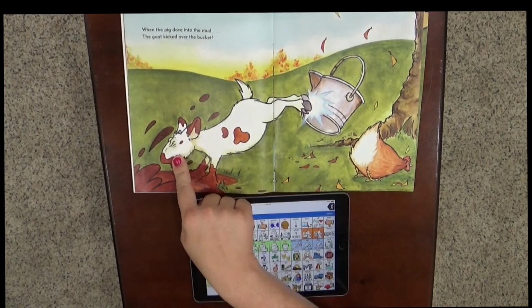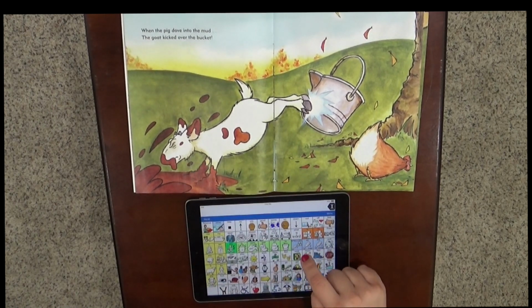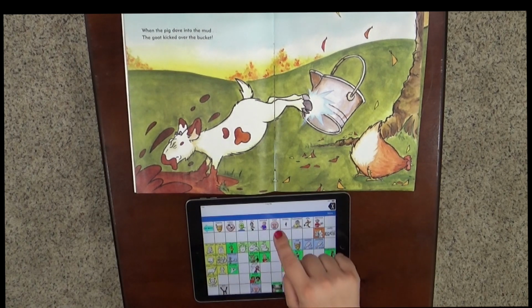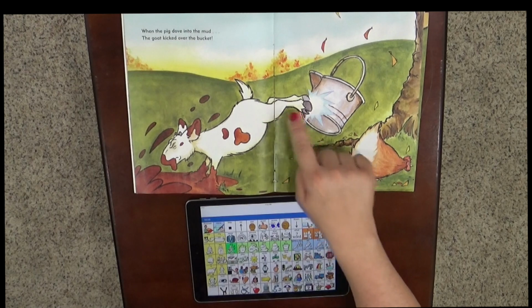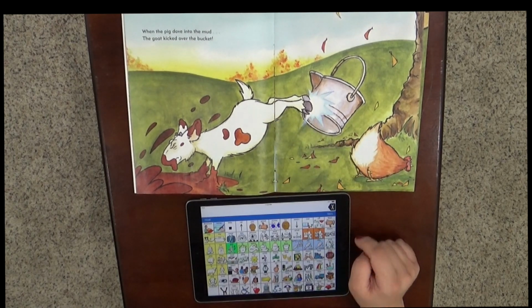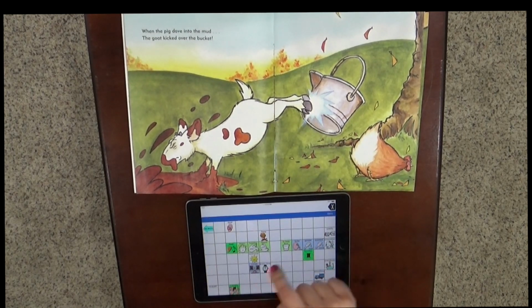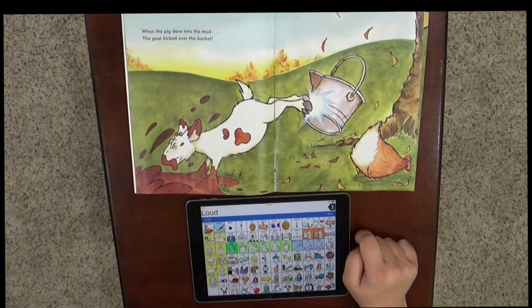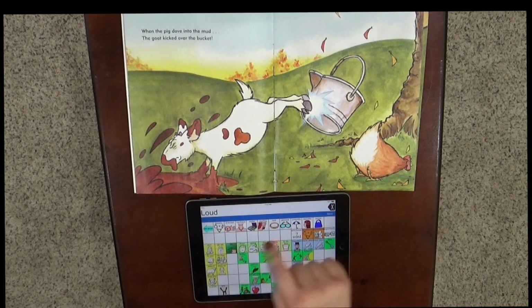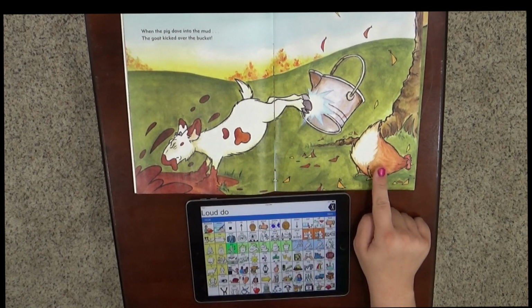Oh no, look at his face. Woo! He is mad about getting dirty, I think. And he kicked over the bucket. Whew. I bet that made a loud noise. Do you see what I see?